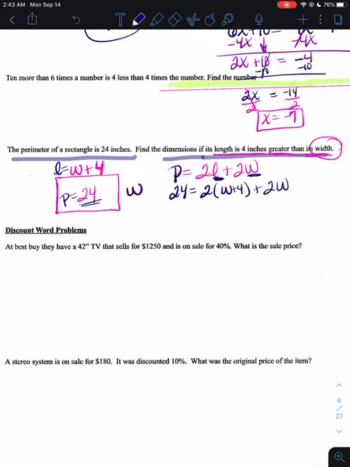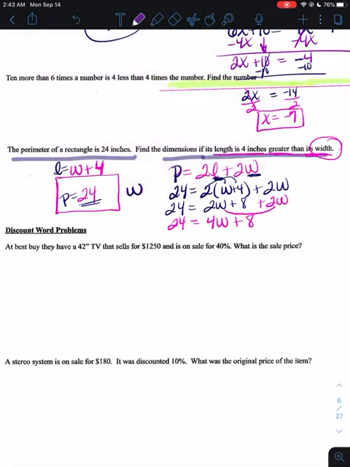You just keep it as W, and they give you the perimeter. So again, the hardest part is setting this up. 24 equals, if I distribute this, I get 2W plus 8, plus I have that 2W behind it. Combine like terms. So this is 24 equals 4W plus 8.